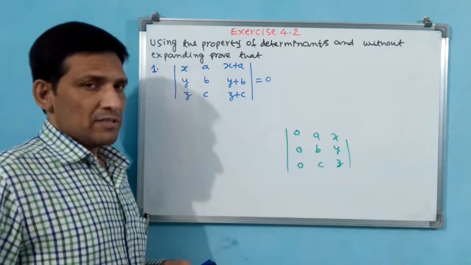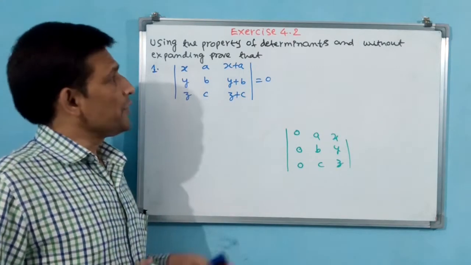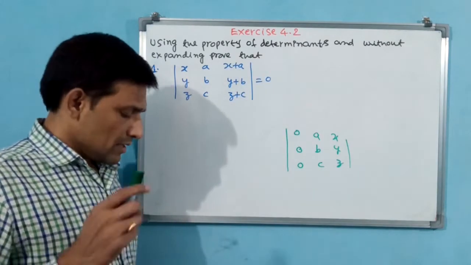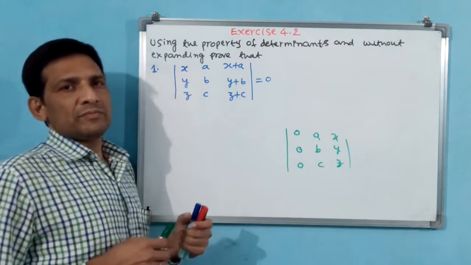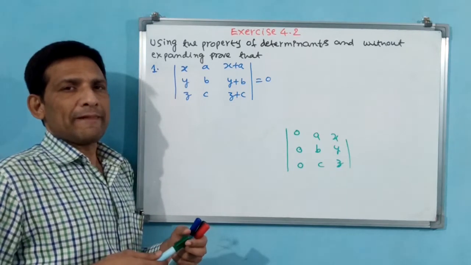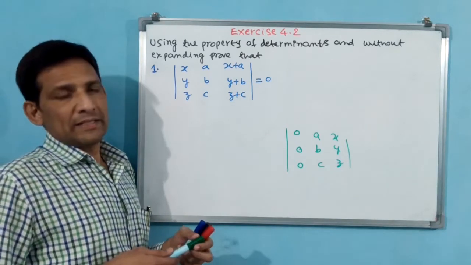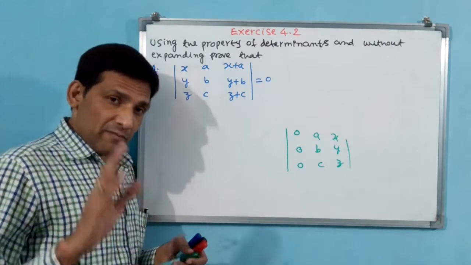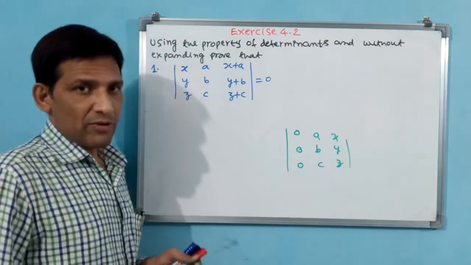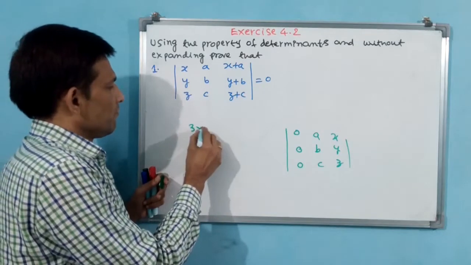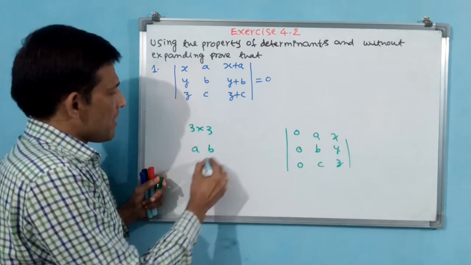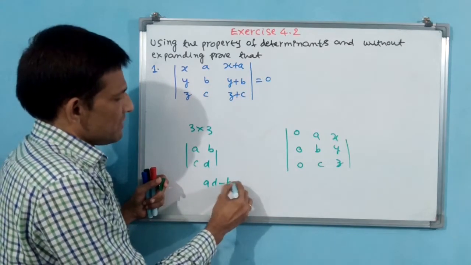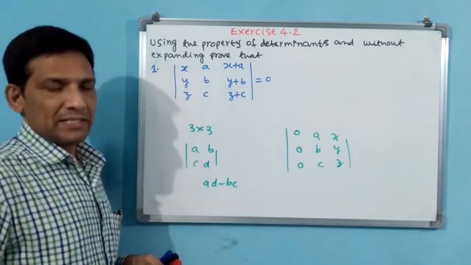Another one: he has written here 'without expanding'. Now, when did expanding come into the picture? Expanding came for a 3 by 3 determinant only. For 2 by 2, there is no expansion: AD minus BC is not called expansion.